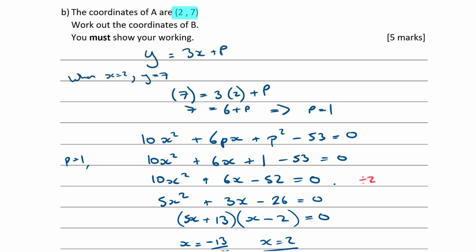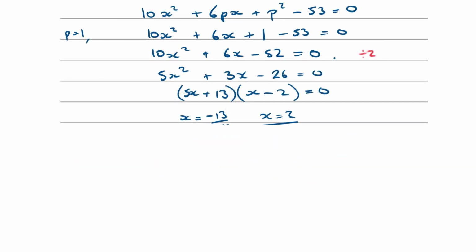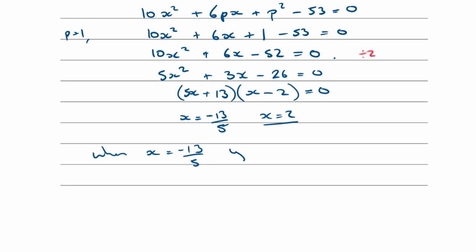Okay, so if x is minus 13 over 5, we can use our more simple equation, this one up here, to work it out, can't we? So when x equals minus 13 over 5, then y is going to be 3 lots of minus 13 over 5 plus 1, isn't it?